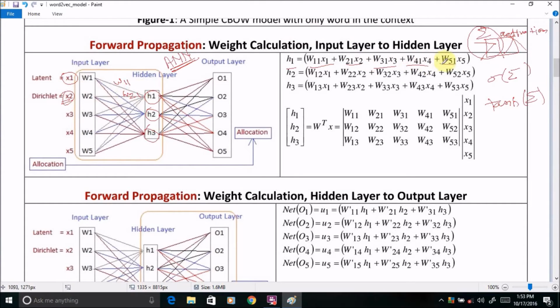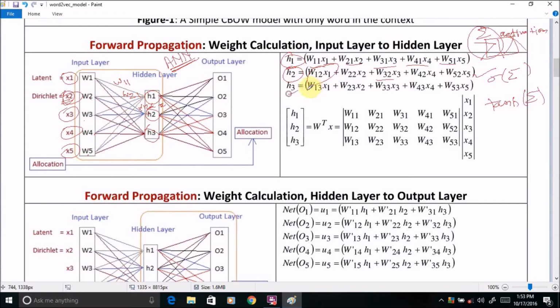Similarly we can calculate the weight of h1. Similarly we can calculate the weight h2 also. The weight of h2 will be like w12 into x1, and similarly w22 into x2, w32 into x3, w42 into x4, and w52 into x5, like this.